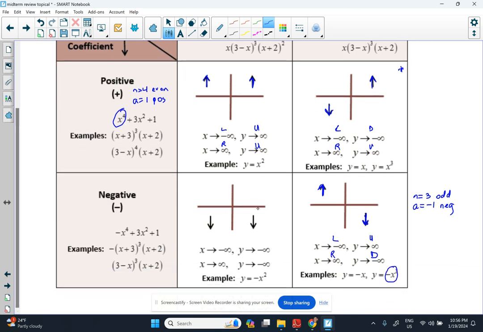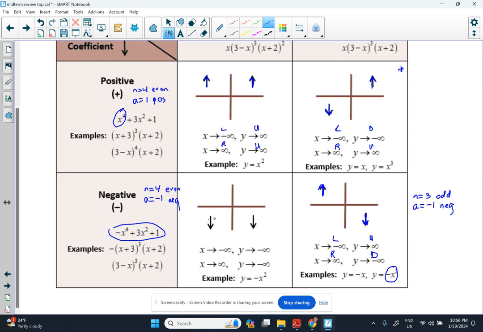And then the last case, which is directly below on the left side, let's take a look at y equals negative x to the fourth plus 3x squared plus 1. So n is 4, a is negative 1, that's even, with a negative leading coefficient.